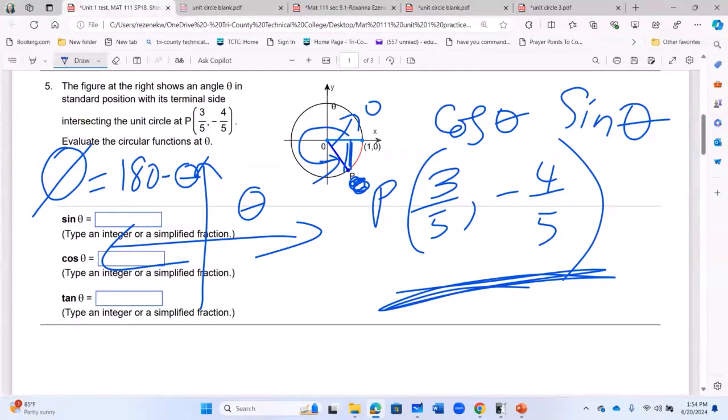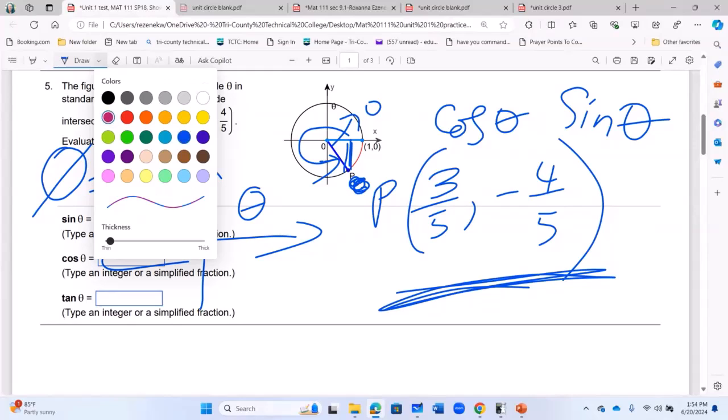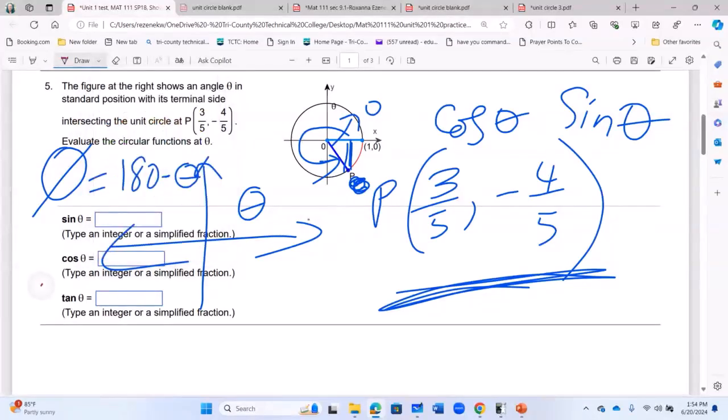The reference angle in the third quadrant, phi, is equal to theta minus 180.